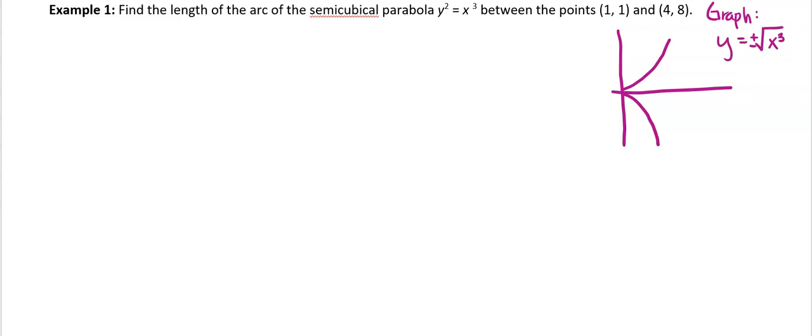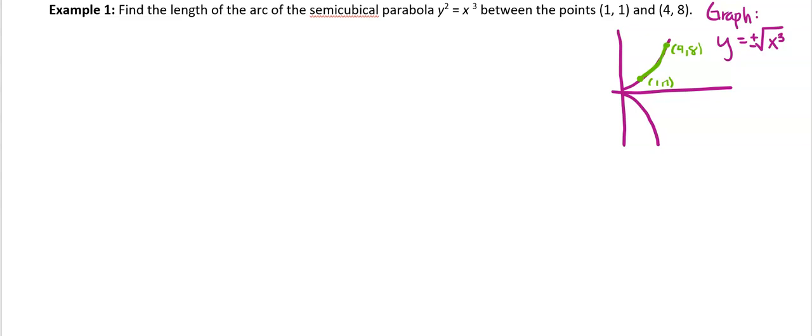And so we're talking about the portion from (1, 1), so let's say (1, 1) is here, to (4, 8), which is up here. So we're talking about this curve. I want to know the length of that curve.